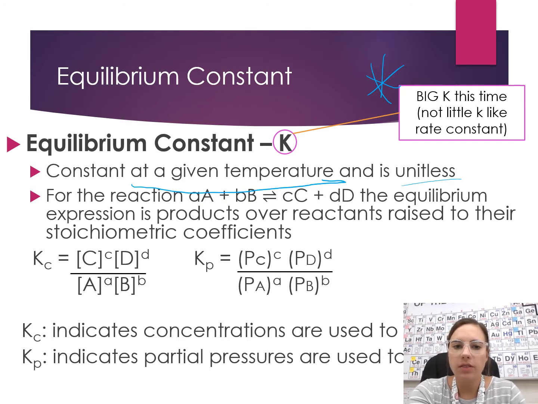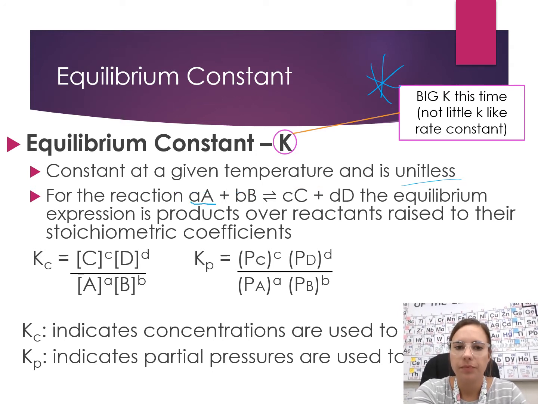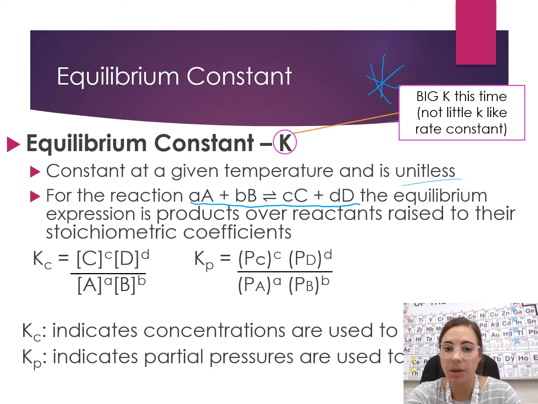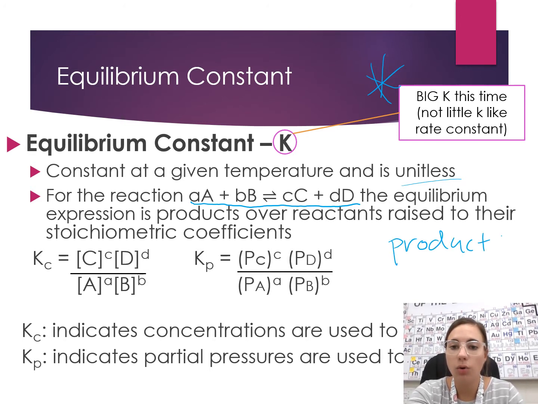So if we're given this generic equation right here, the lowercase letters being my coefficients, the uppercase letters being my substances, the equilibrium expression is always going to be products over reactants, and we're going to raise them to their coefficients.